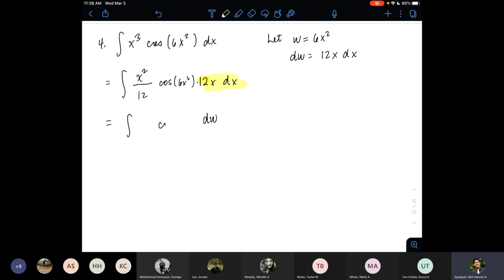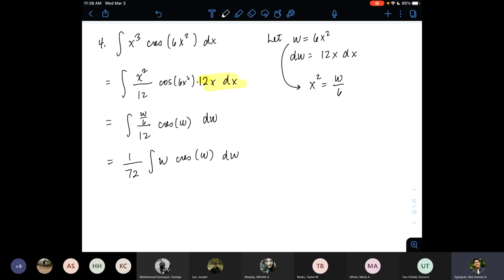And then I have cosine of w here, right? And then I have an over 12 over here. But from this expression, I see that x squared can be written as w over 6, right? So x squared is w over 6. So that means this is 1 over 72 times the integral of w cosine of w dw.